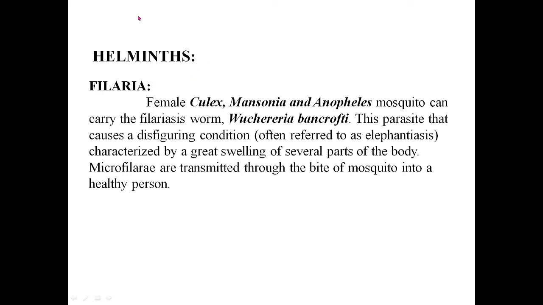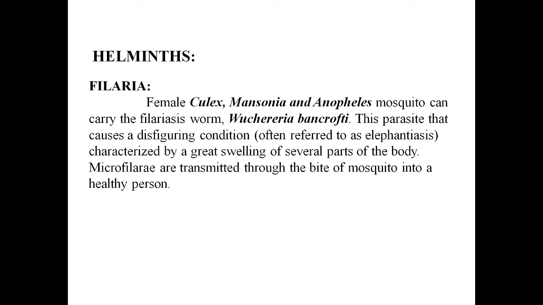Then the next one is the helminth. The mosquito also transmits helminth pathogens. The female Culex, Mansonia, and Anopheles mosquito can carry the filariasis worm, that is Wuchereria bancrofti, and it transmits from the infected person to the healthy person.